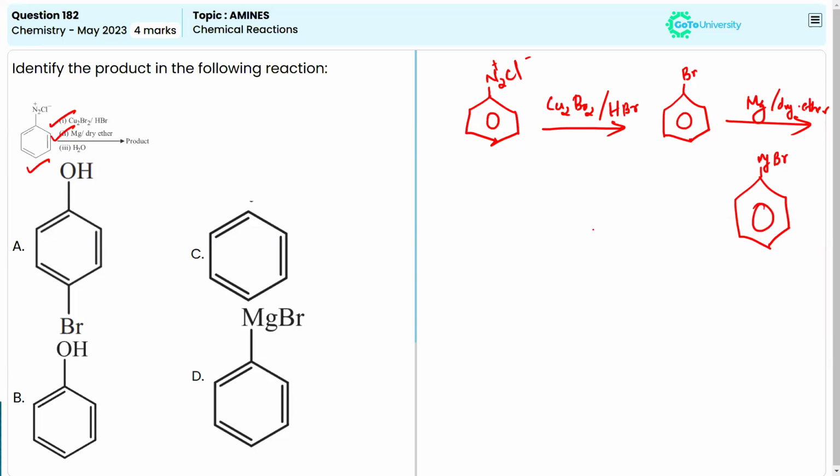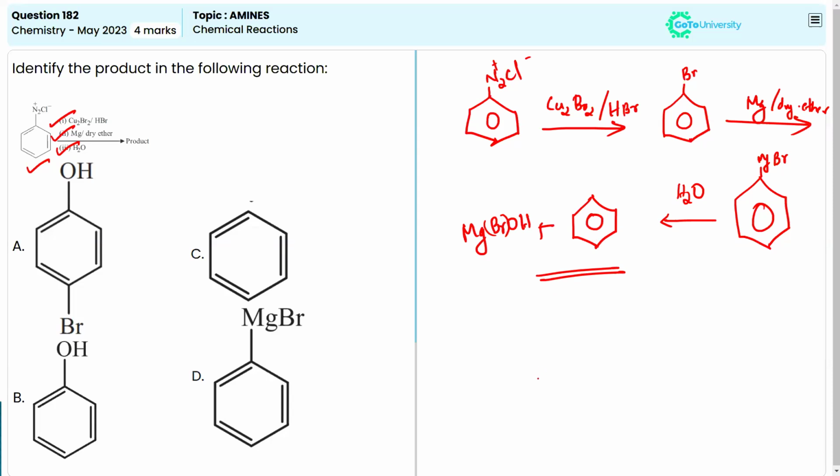So this is the second step. Now we can use the third reactant, water. When this compound reacts with water, it is entirely converted into benzene plus MgBrOH. So this will be the reaction.